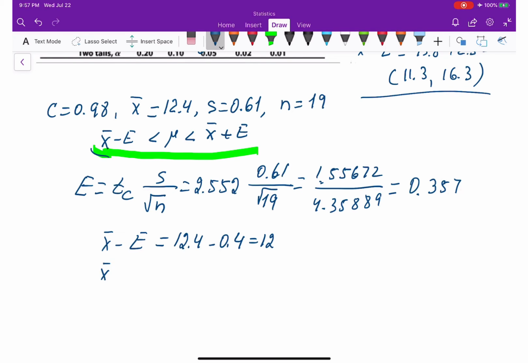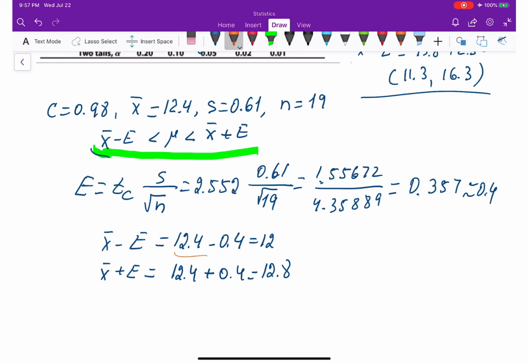And X bar plus error is equal 12.4 plus 0.4. That will be 12.8. Why I rounded up here? Because my X bar is given with 1 decimal only. That's why.